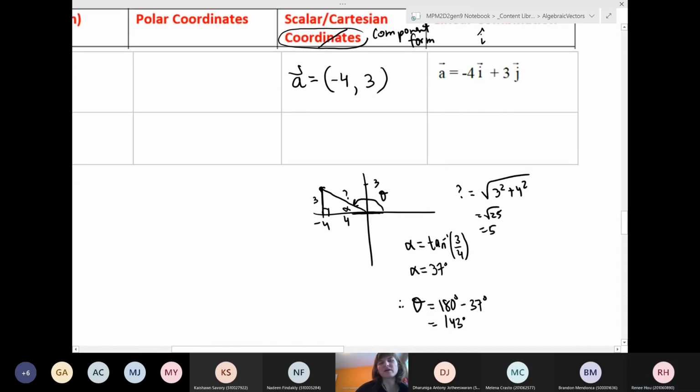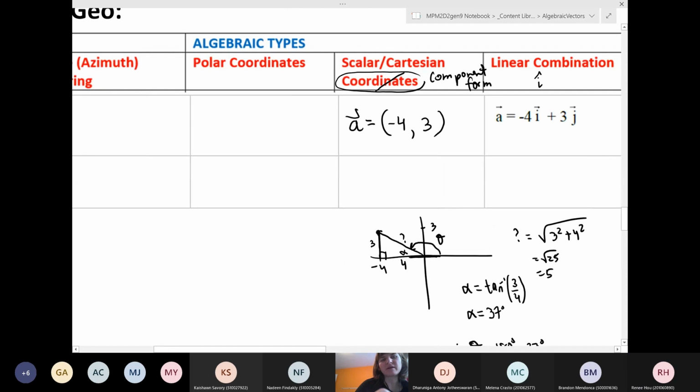And so if you wanted to talk about the magnitude versus the direction version, this specific direction is the math way. Okay, it's going to be magnitude of 5, 143 degrees. And you would name this to be a vector as well.